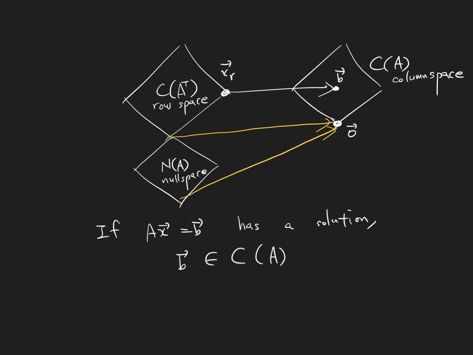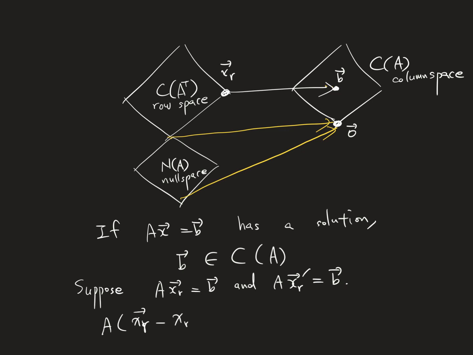And we know that. Suppose A x r, I mean x r means a vector in the row space, gives this b vector, and also assume that A x r prime is the b vector. In that case, A times x r minus x r prime will be a zero vector.